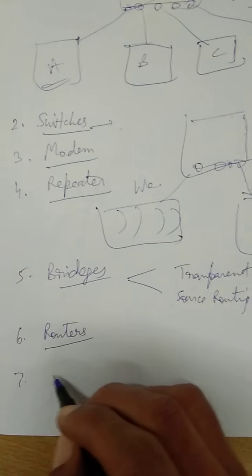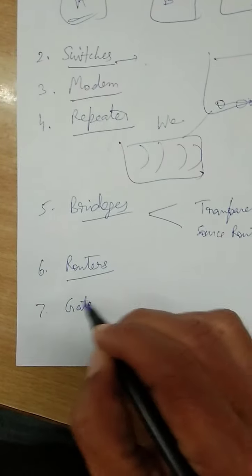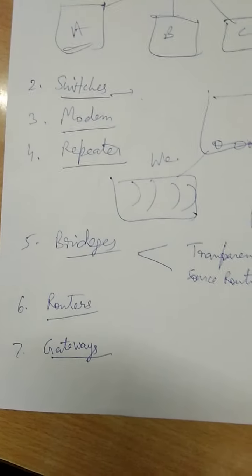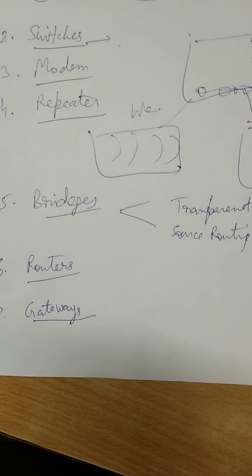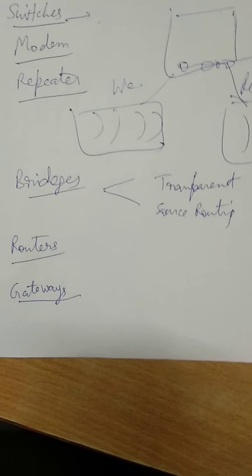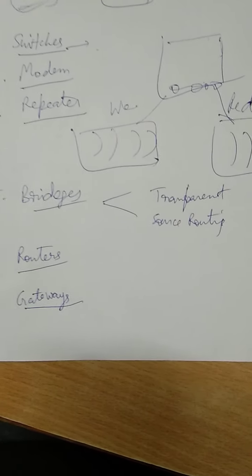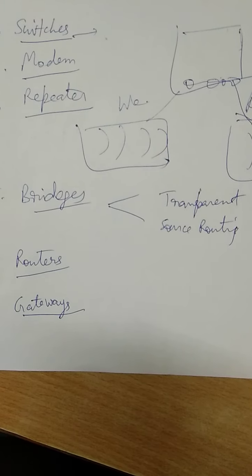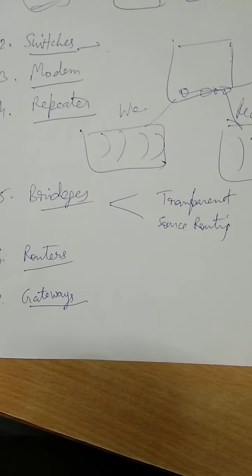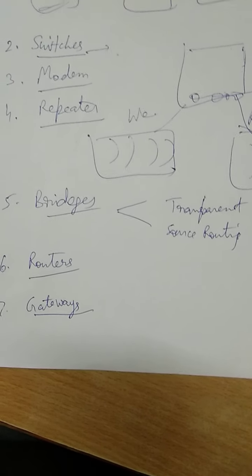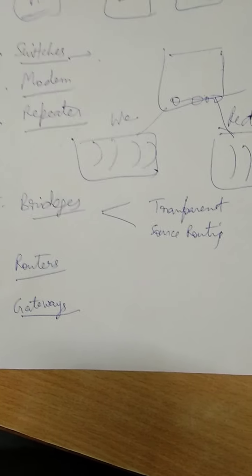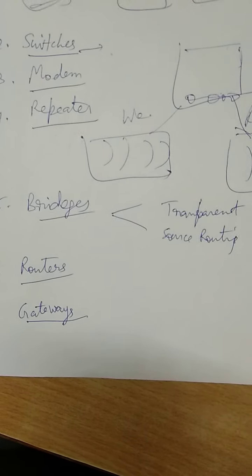Next is gateways. As we know, routers can't interconnect two different networks that use different protocols. To overcome this, special devices called gateways are used. Networks using different protocols use different addressing formats. These addresses are different for different types of networks.